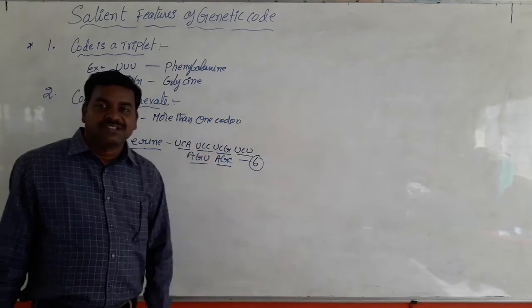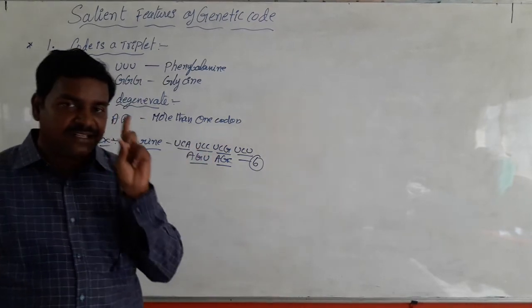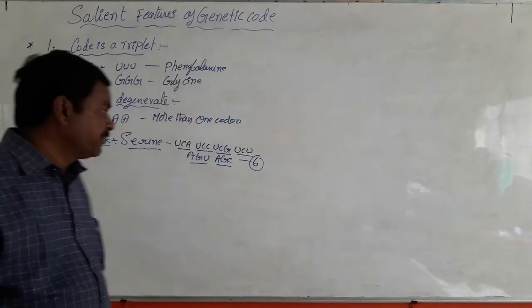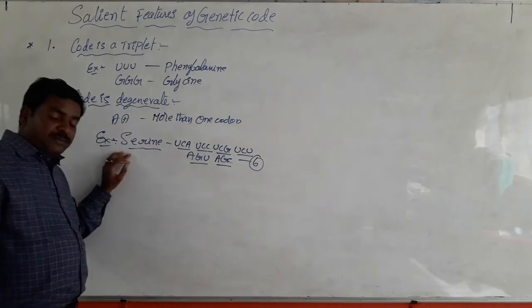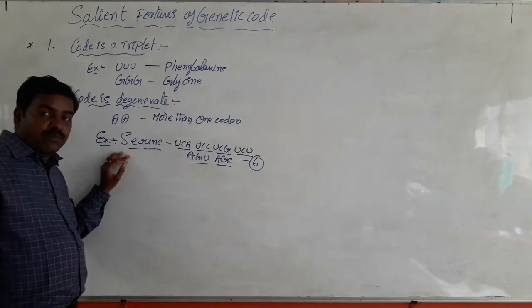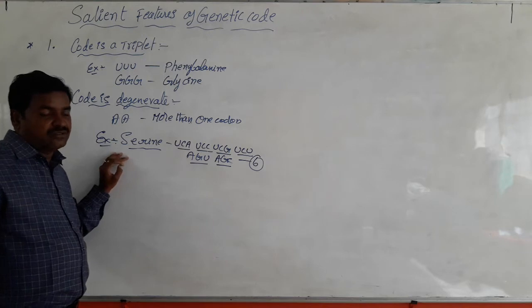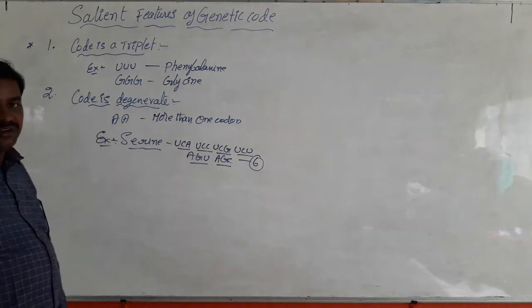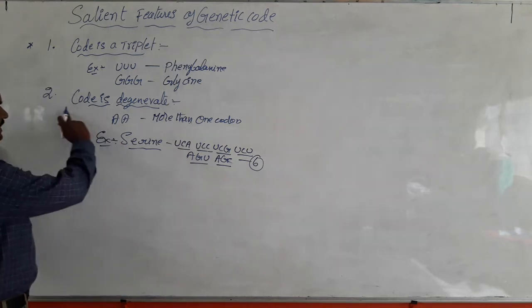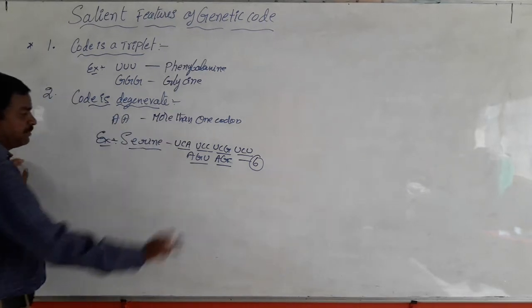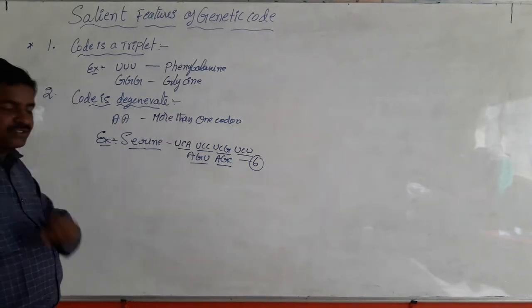So sometimes a single amino acid may be recognized by more than one codon. Such a property of genetic code is called code is degenerate. Example: serine is recognized by a total of 6 codons.